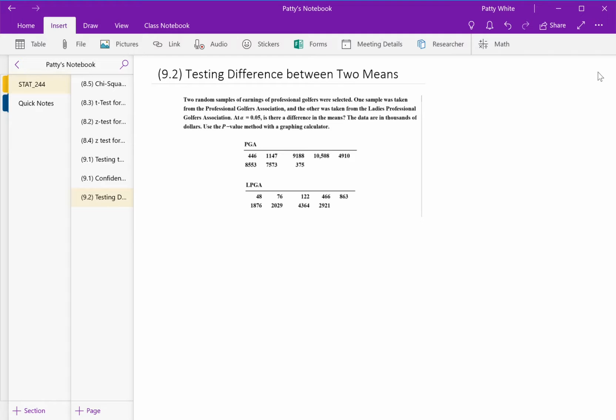And when I do that, I end up getting X bar for the first sample, and I'm going to call this my first sample because it came first in the problem. I'm going to call this my second sample.